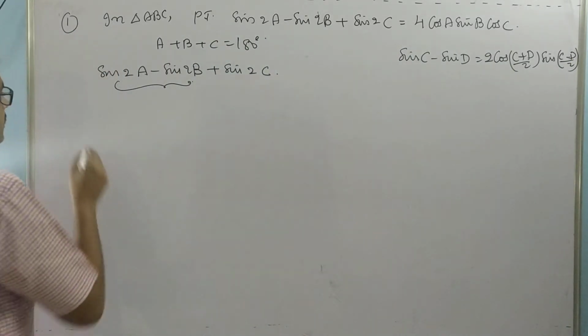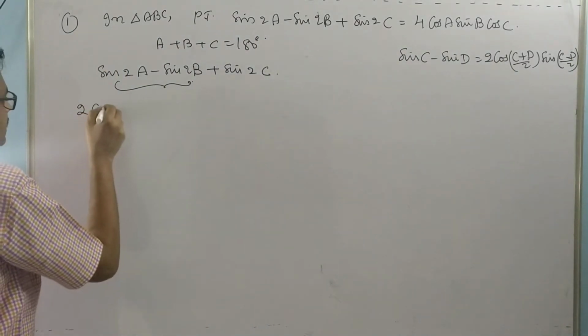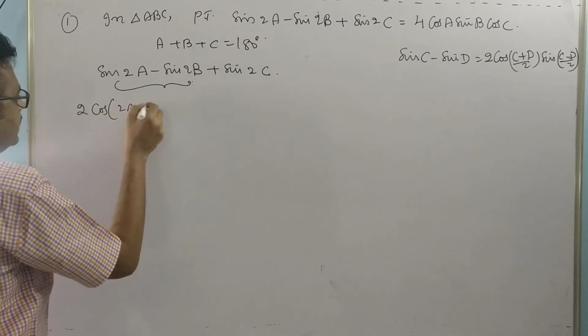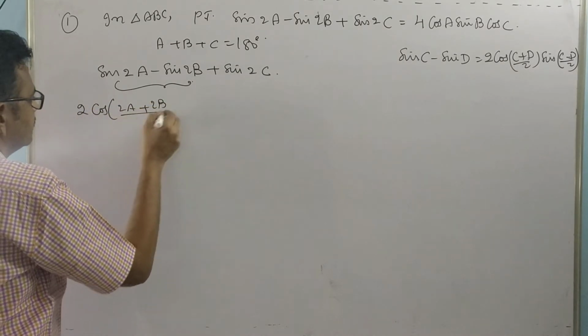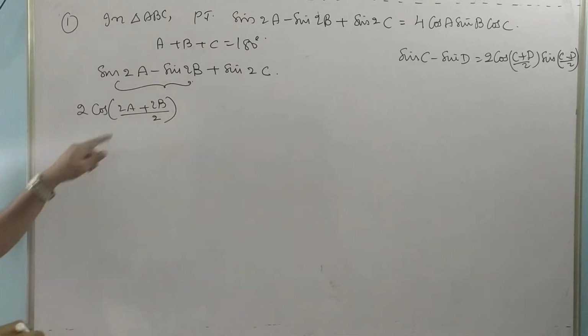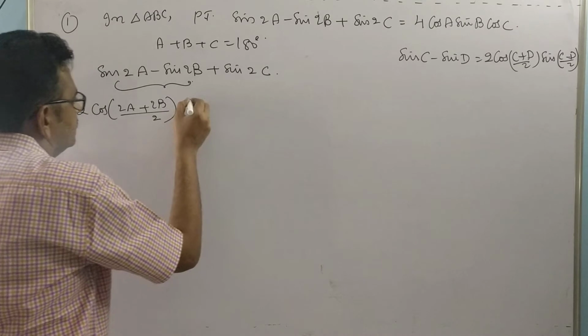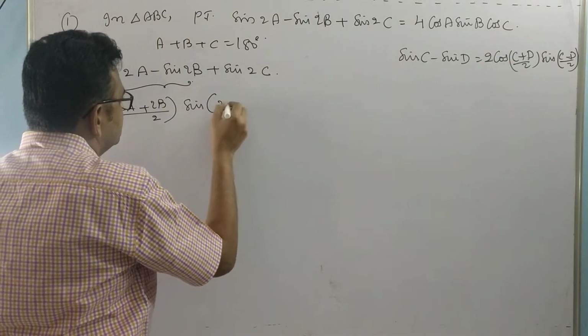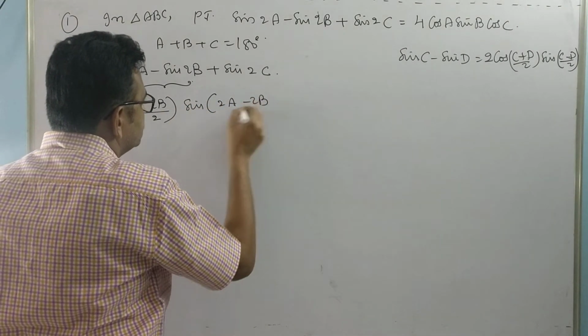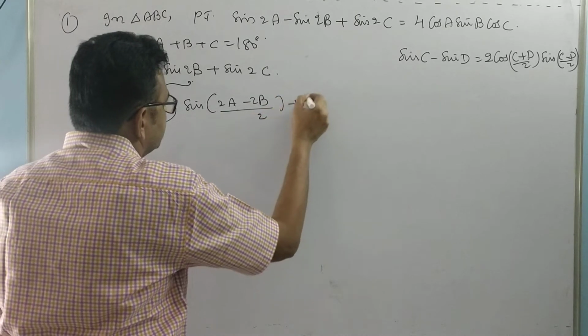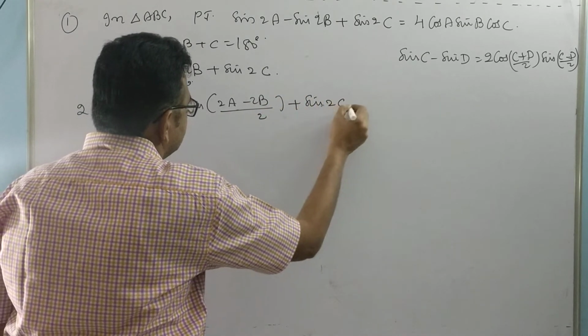So this is 2 into cos of (2A plus 2B) by 2, cos of (C plus D) by 2, into sin of (2A minus 2B) by 2, plus sin 2C.